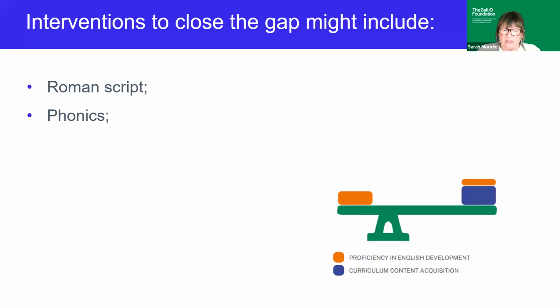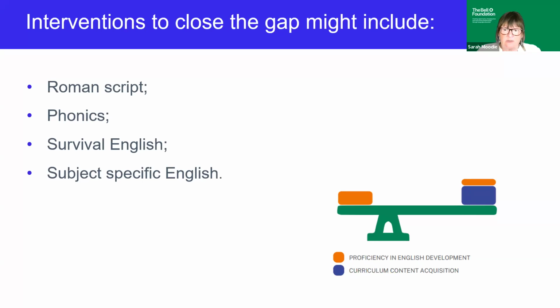Less often at secondary, but still used, phonics interventions for reading. To learn some survival English for the classroom and the playgrounds, and to learn some subject-specific English vocabulary and structures to help them in their mainstream lessons.